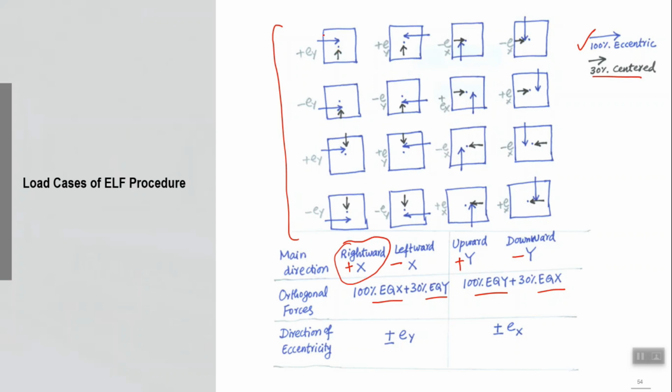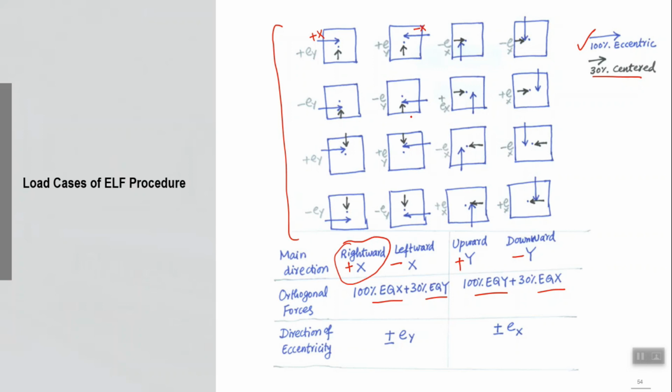So, in the first case you are considering eccentricity only in plus y direction and no eccentricity in the x direction, which means the x direction forces will be multiplied with this eccentricity to give you the torsional moment, the accidental torsional moment. In the second case, same as the first case, only I now apply the main force in minus x direction. So, it is plus x direction main force 100% in one case, and minus x direction 100% force in the other. So, similarly you keep on making new cases.